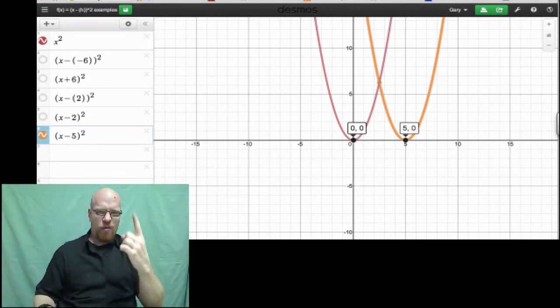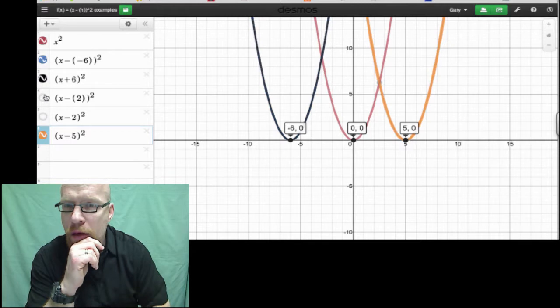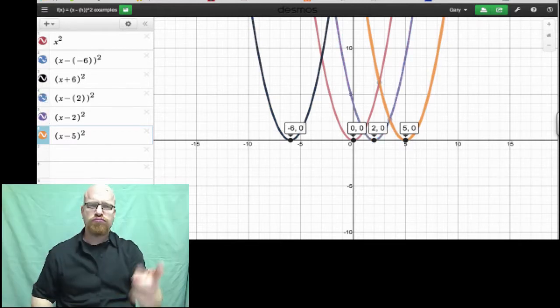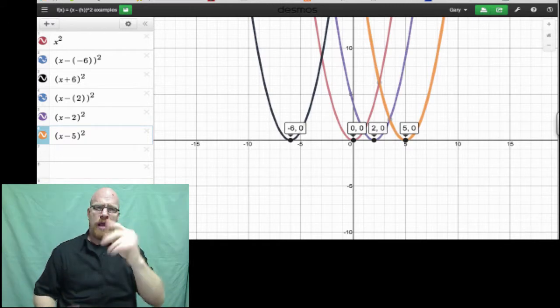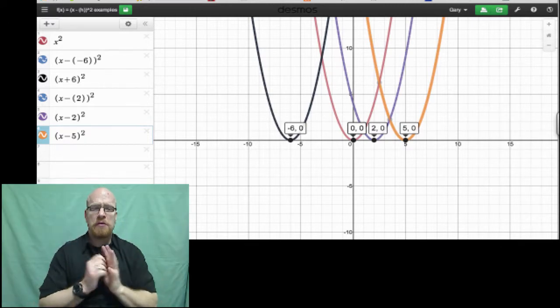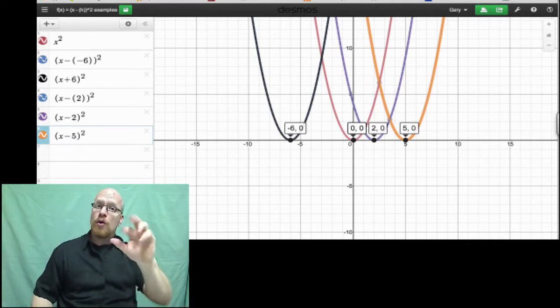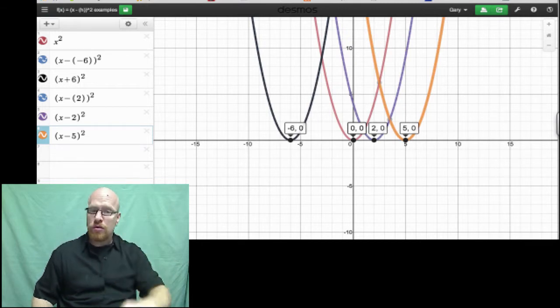Now, we're going to look at all the parabolas. I'll click them all on and we'll look at the domain for all these parabolas. The domain, what things I can use for my x value, is all real x's because every parabola just gets wider and wider.